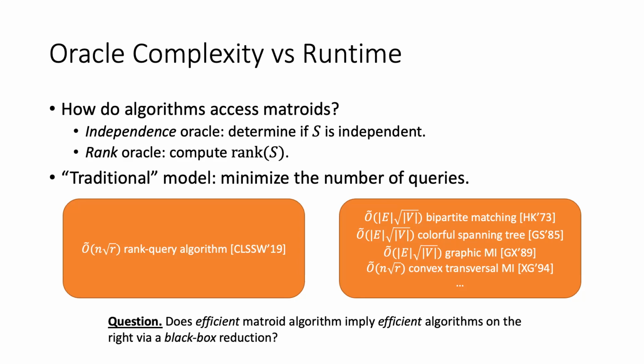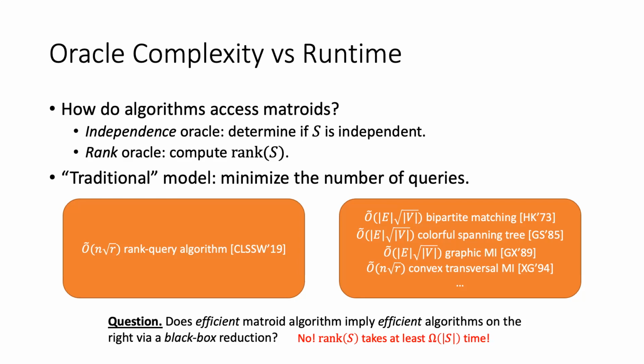So we ask, does an efficient matroid algorithm in this traditional model actually imply efficient algorithms for problems on the right? And in particular, now that we know we have this near-linear rank query algorithm, can we automatically recover the running time of this E root V algorithm for free via a black box reduction? And the answer is unfortunately no. This is because in order to run a general matroid intersection algorithm, you have to implement the rank oracles for it.